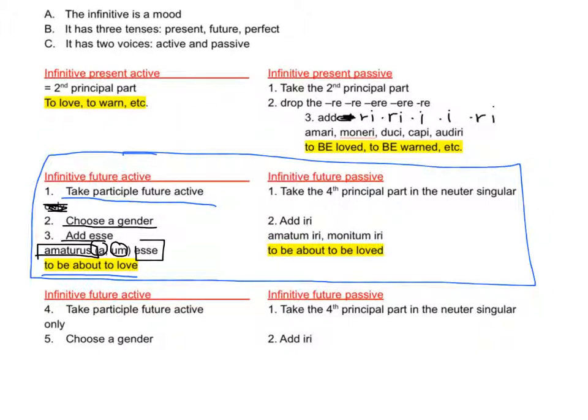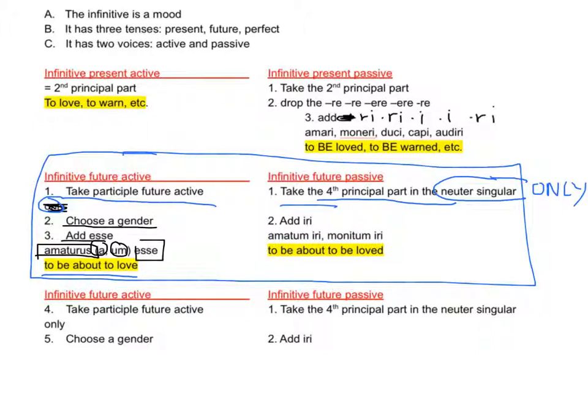The infinitive future passive starts with the fourth principal part in the neuter singular only. So you take the fourth principal part, neuter singular only, not the masculine, not the feminine. You don't choose a gender in this case.